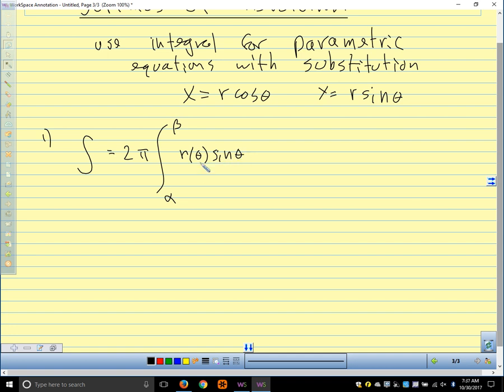That's our radius of revolution, and the square root of r squared plus r prime squared d theta. That's our little piece of arc length that we're revolving. And what axis are we revolving this about? X. And in polar coordinates? About the polar axis, theta equals 0.